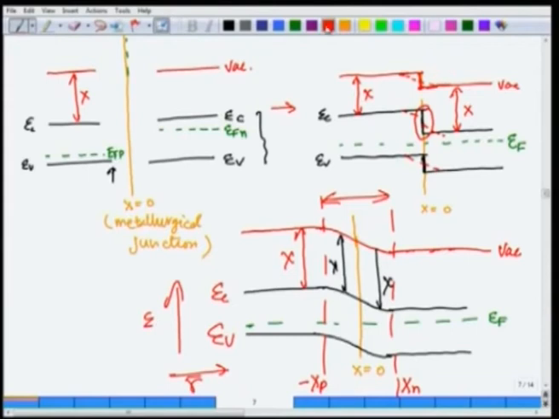One point you have to remember is that if I take this as a zero reference of energy, then I have changed this end of the semiconductor by this much amount. This is typically called QV. Let me remove this vacuum level right here.